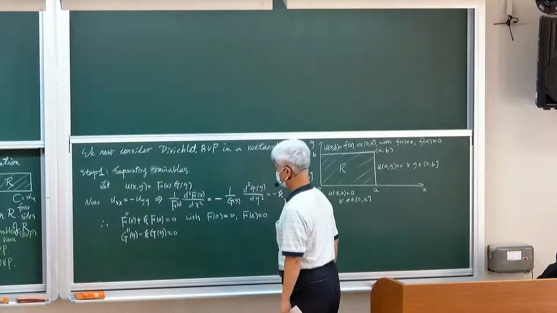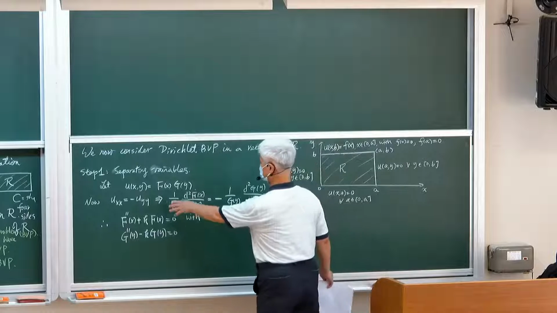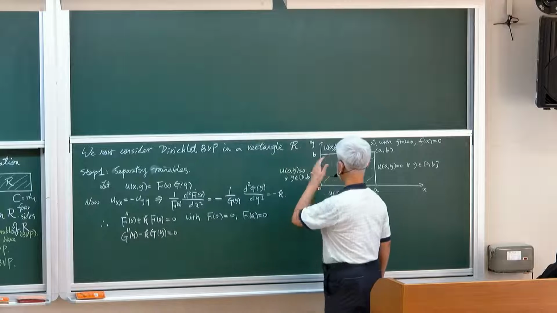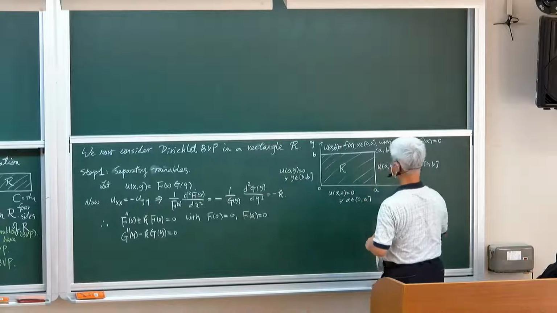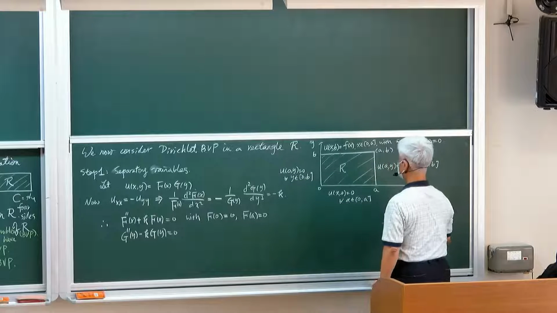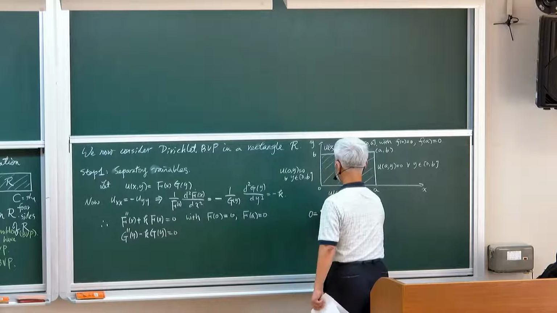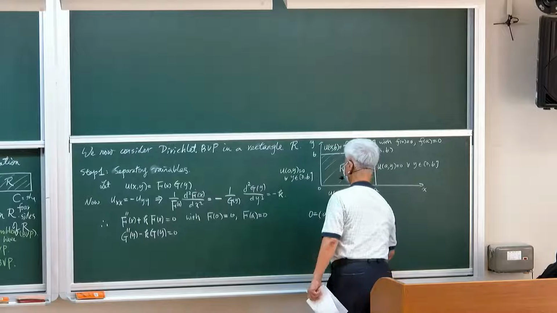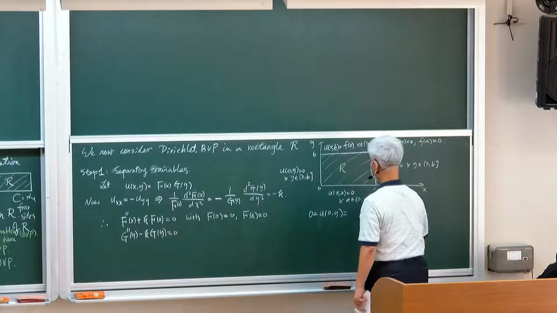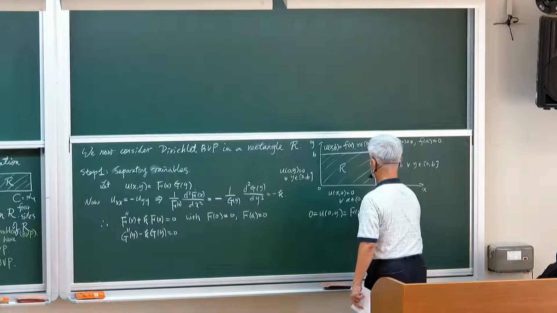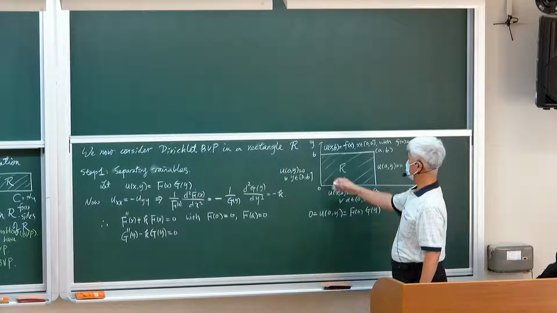Because we have four boundaries in this case, for the left side, 0 is equal to u(0, y), and this is F(0) times G(y).